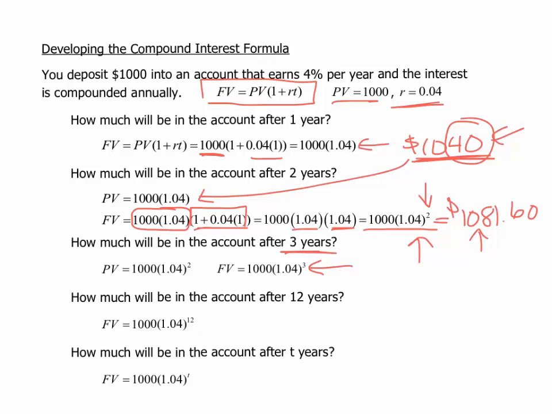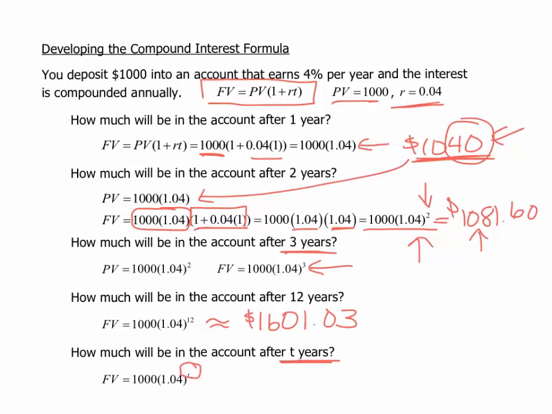After 12 years it's going to be 12. If we look at the 12-year value, we end up with $1,601.03. So now we've earned over $600 in interest. If we look at it more generally, after t years, we're going to have an exponent of t.